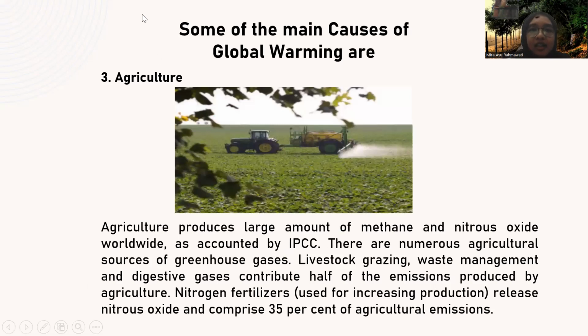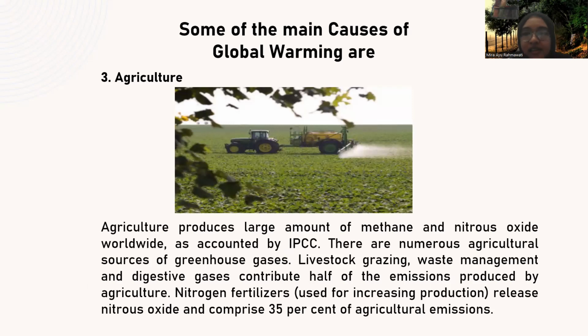Okay, and number three, agriculture. Agriculture produces large amounts of methane and nitrogen oxide worldwide. As accounted by the IPCC, there are numerous agricultural sources of greenhouse gases.